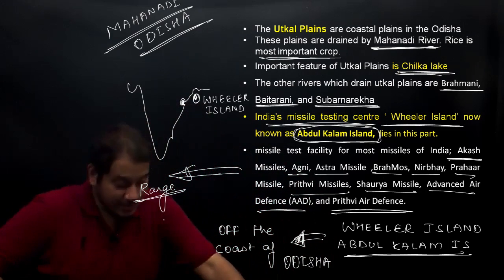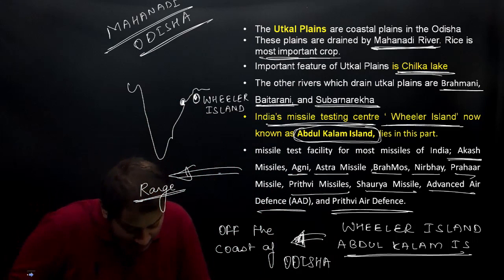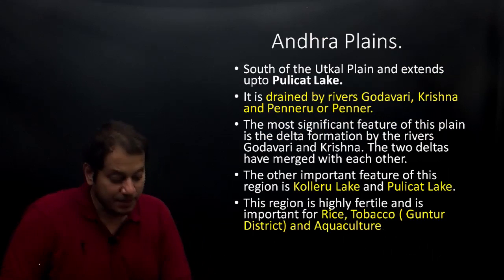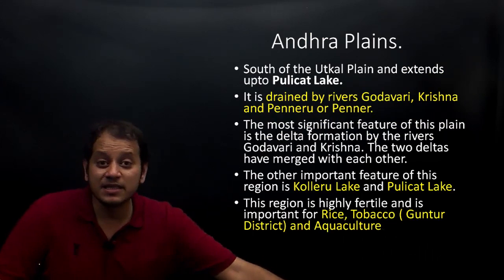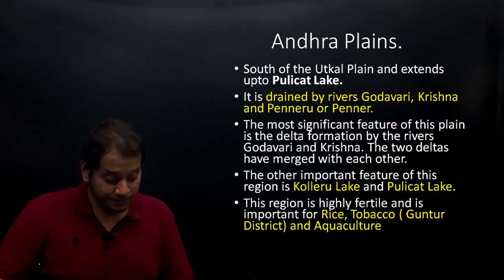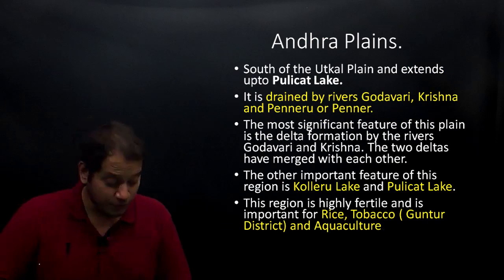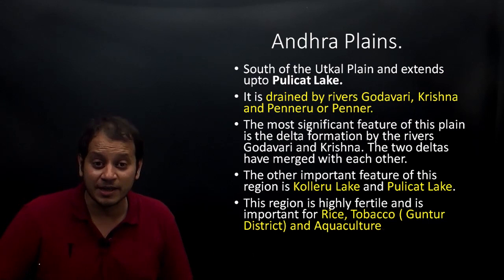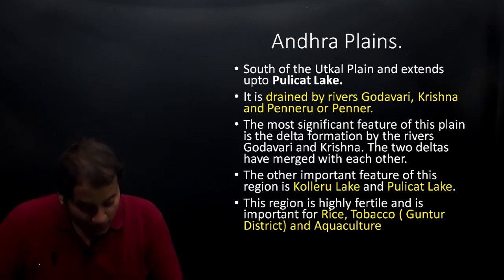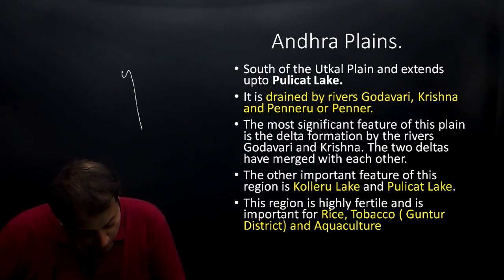In the next slide we will study the Andhra Plains. The Andhra Plains lie to the south of the Utkal Plains and extend up to Pulicat Lake. If I try to draw the Andhra Plain, you will see two important features here.